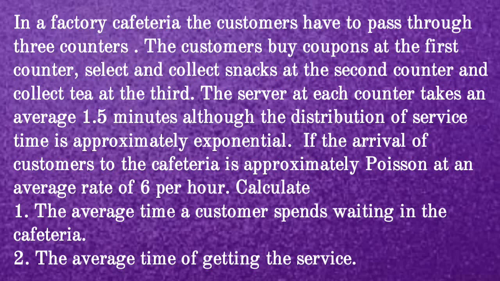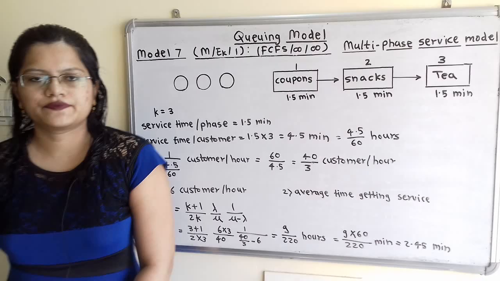If the arrival of customers to the cafeteria is approximately Poisson at an average rate of 6 per hour, calculate first the average time a customer spends waiting in the cafeteria, and second, the average time of getting the service.